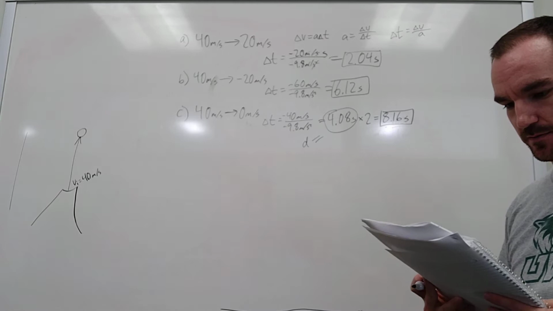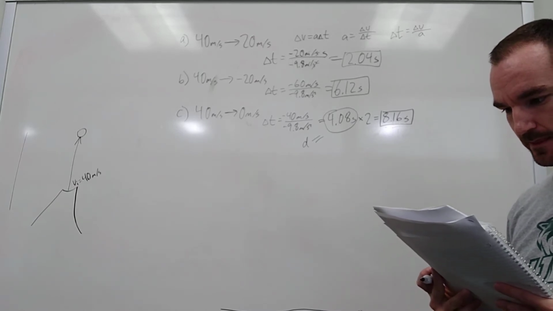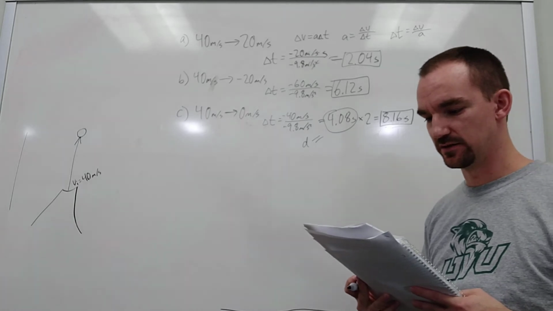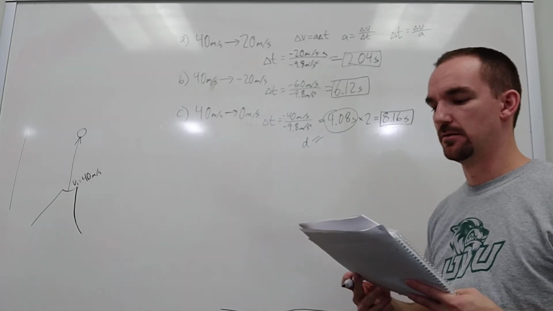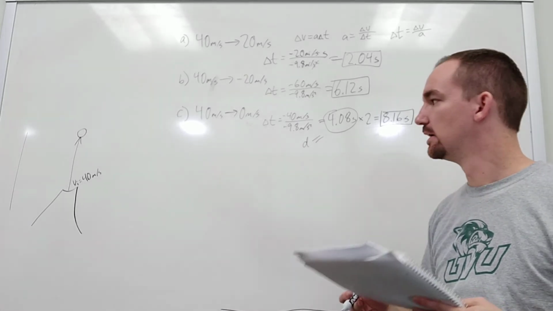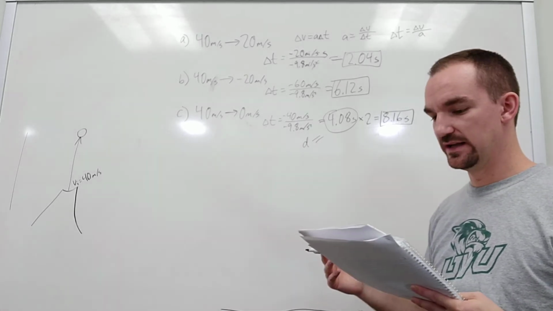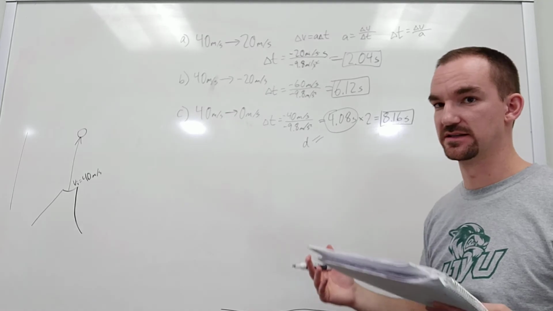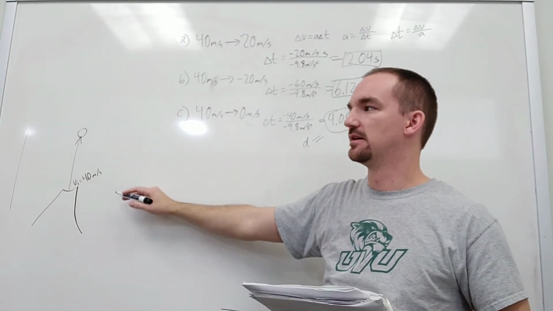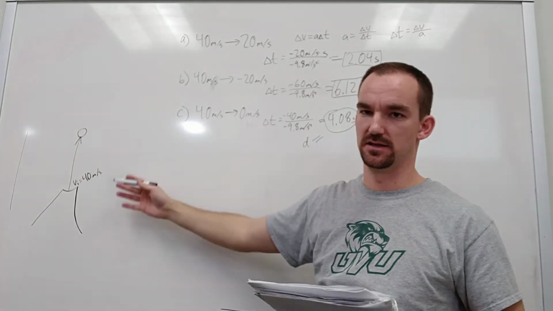And then part E, what are the magnitude and direction of the acceleration while the boulder is moving upward, moving downward, at the highest point? So it asks, what is the magnitude and direction of the acceleration at each different point in this graph? But the thing is, the acceleration is constant in the whole system.